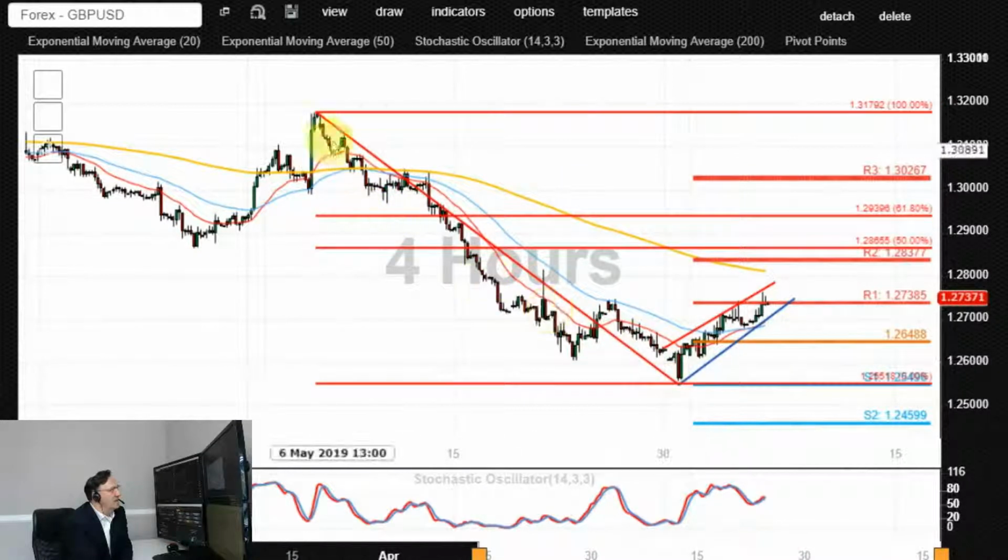So if we take swing high to swing low, our 50% fib retracement will be slightly above that R2 128.37. It would be 128.65. That will be a 50% fib retracement. A breakout above that level would bring us to the 61.8 fib retracement at 129.40. Above that, 130.26.